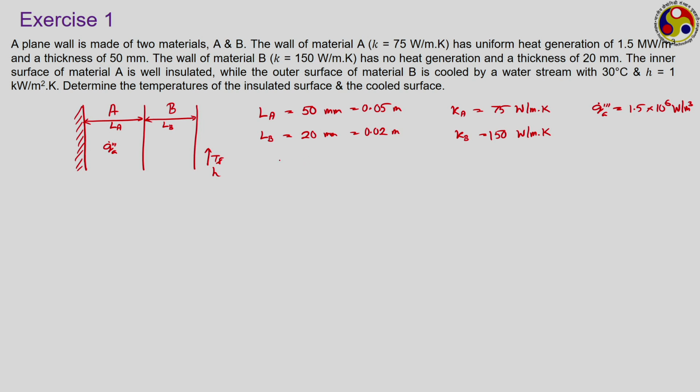It is given that T infinity is equal to 30 degree Celsius, that is 303 Kelvin, and this convective heat transfer coefficient is 1 kilowatt, that is 1000 watt per meter square Kelvin. You have to determine the temperature of the insulated surface and the cooled surface. So, let us say the temperature at this point is T0, and the temperature at this surface is Ts. This we have to calculate.